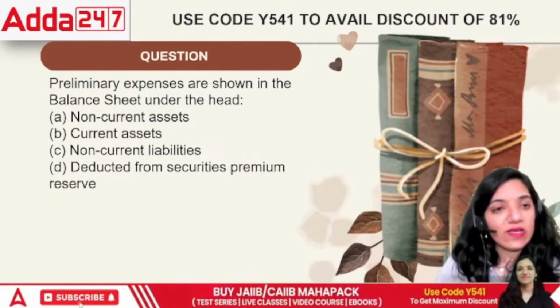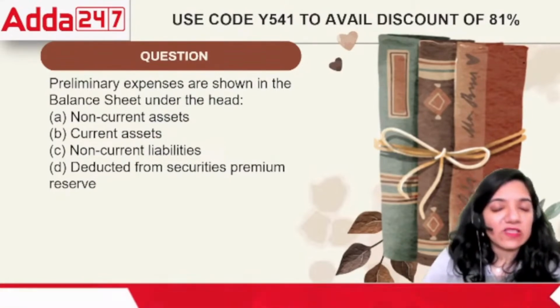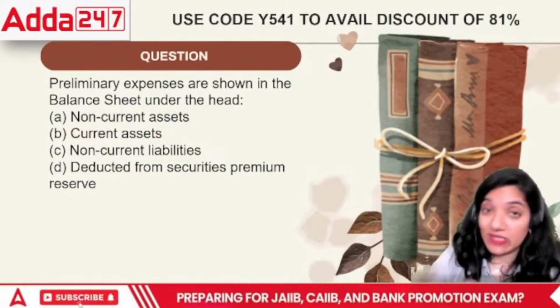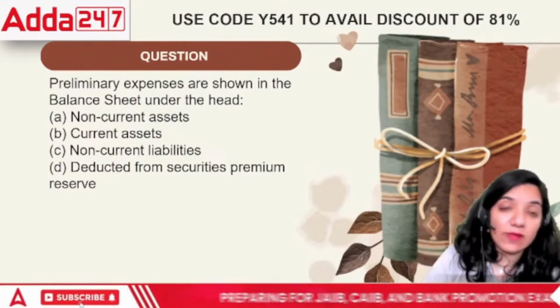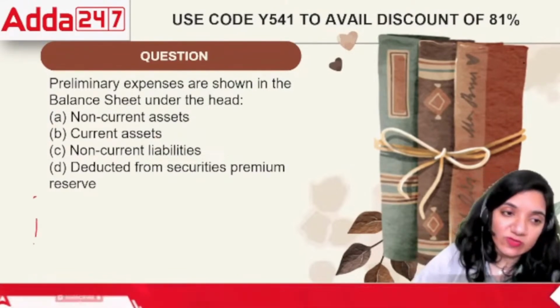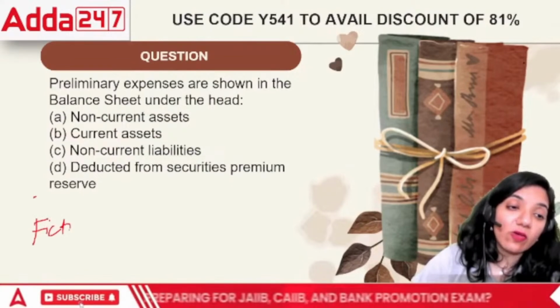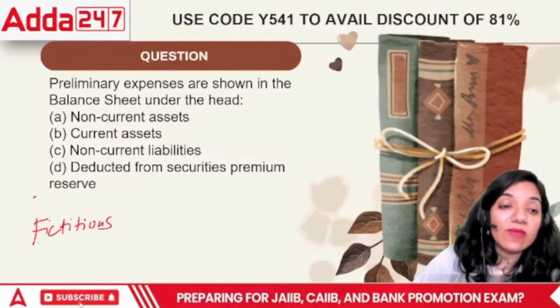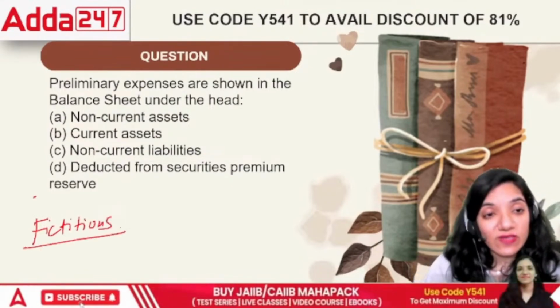If I talk about this area, preliminary expenses are basically what we call a fictitious asset. It's not a proper asset, it is not a tangible asset, it's a fictitious asset. It just exists in the books, but overall it has already been done long back, even before the making of the business itself. So it is a fictitious asset.